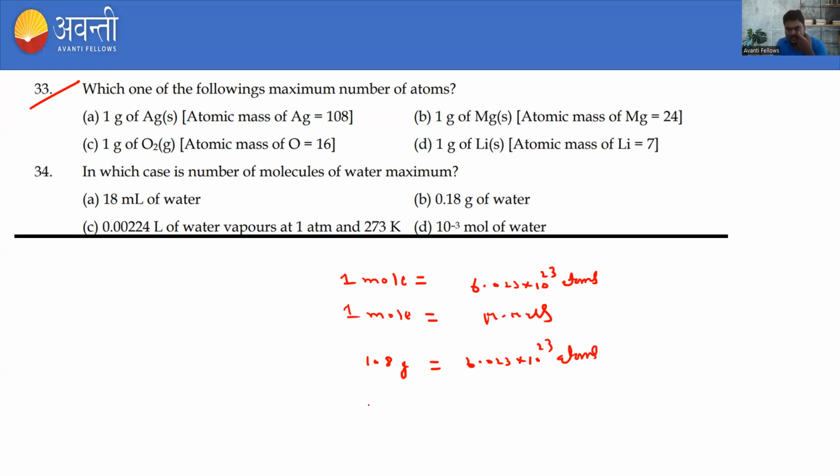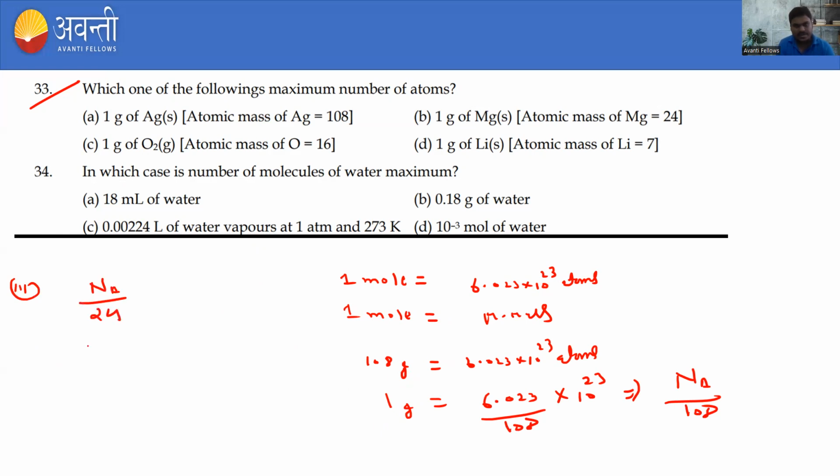In the second case, 1 ग्राम ना तो 108 ग्राम इतना तो 1 ग्राम कितना करेगा. 1 gram is equal to 6.023 10 raised to the power 23 divided by 108. We can also call it Avogadro number, so Na divided by 108. Similarly, in the second case, it will be Na divided by 24, Na divided by 32, Na divided by 7. So the ratio is in which comes 7. So this has the maximum number of atoms. That is which one. ठीक है.